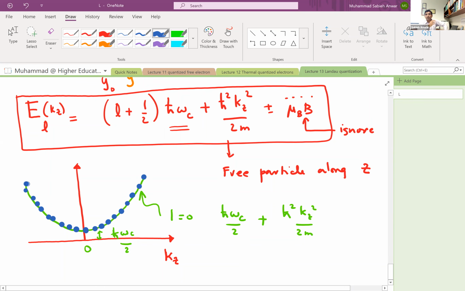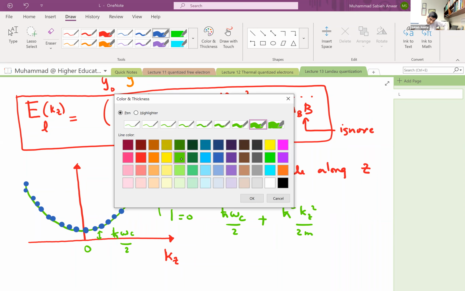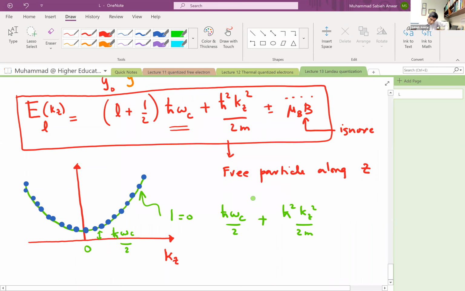So not all values of kz are allowed. But if you look at the macroscopic scale, these kz points are placed so finely together that we generally draw this continuous curve. Now, if this is the ground state of the electrons in the presence of a magnetic field, I could also draw the L equals 1 level, which is another parabola.